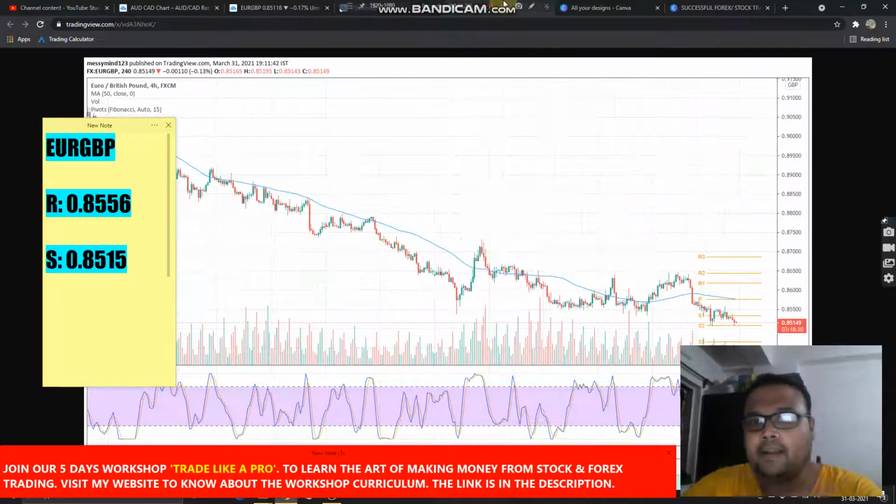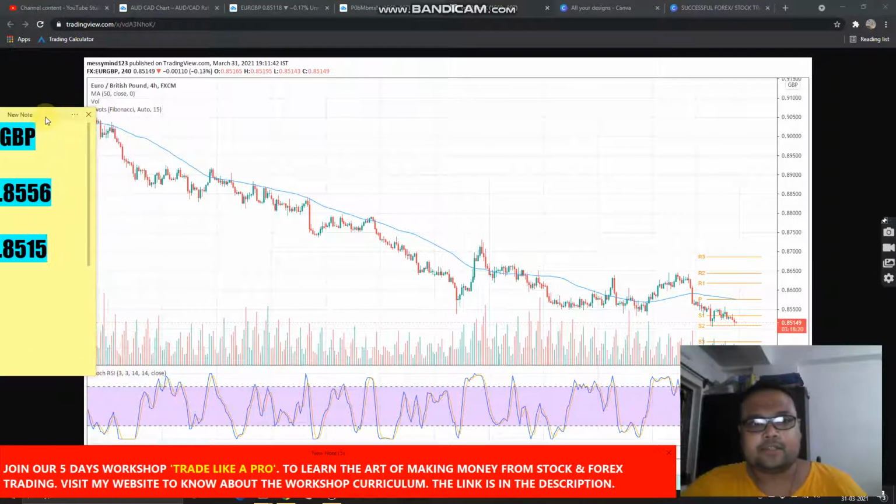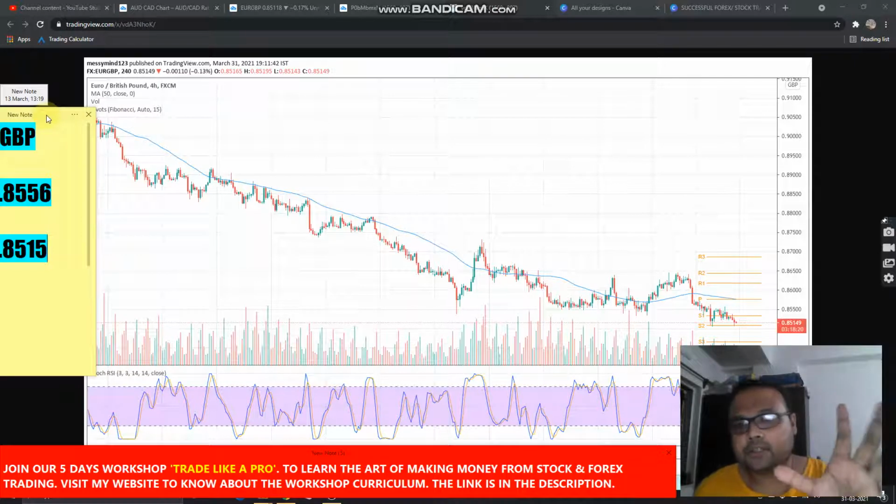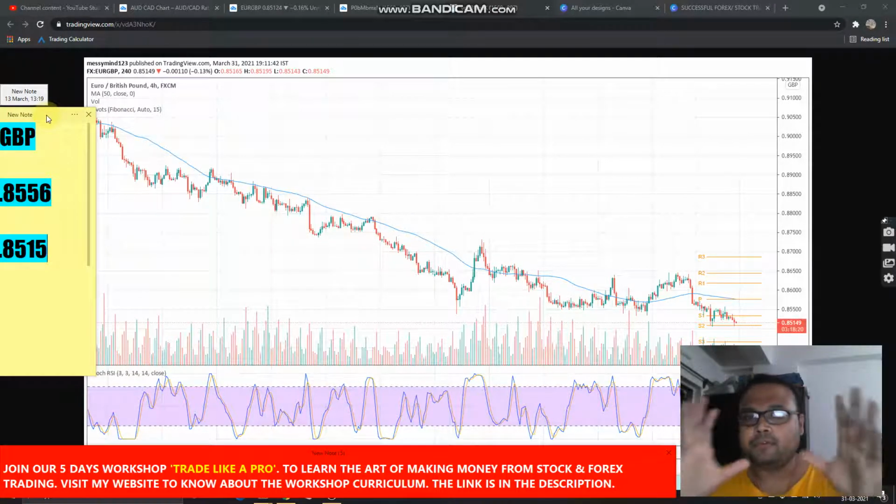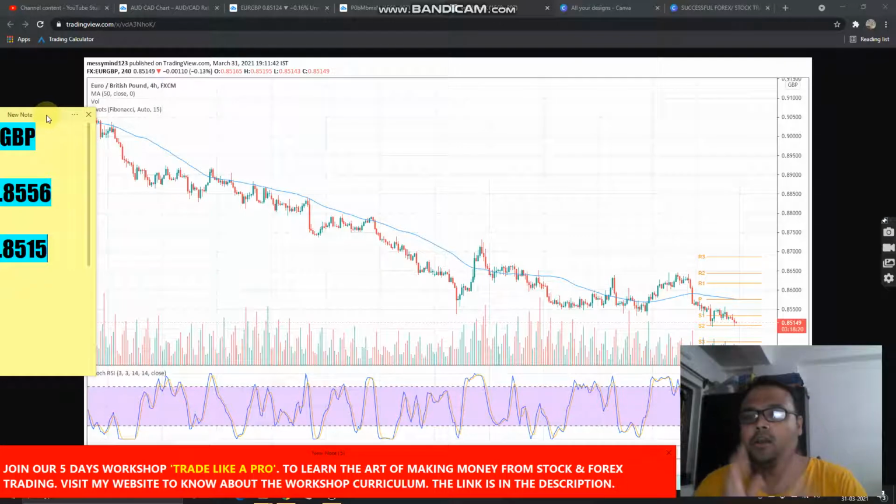Now let me take you to the overall picture. Just look at this picture. This is the chart of Euro GBP from January. From January onwards, what do you see? Don't you see that the market is in a clean downtrend? So do you think in this type of market there will be any opportunity to buy?